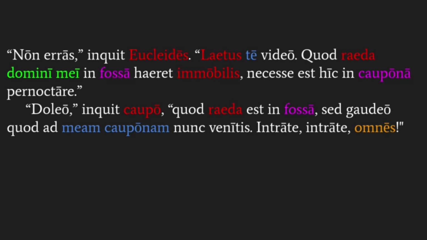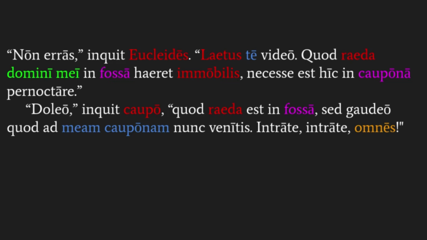"Doleo," inquit caupo, "quod raeda est in fossa, sed gaudeo, quod ad meam cauponam nunc venitis. Intrate omnes." So doleo, I'm sad, says the innkeeper, inquit caupo, right? He says, I'm sad because, quote, raeda est in fossa, your carriage, or the carriage, but he really means your carriage, is in the ditch, in fossa, right?